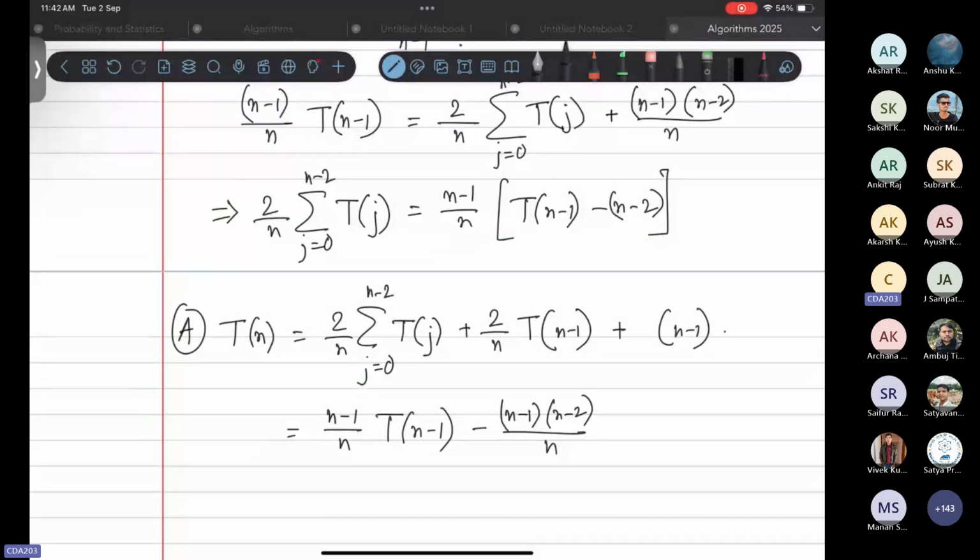And I have the remaining terms, T n minus 1 plus n minus 1, right?